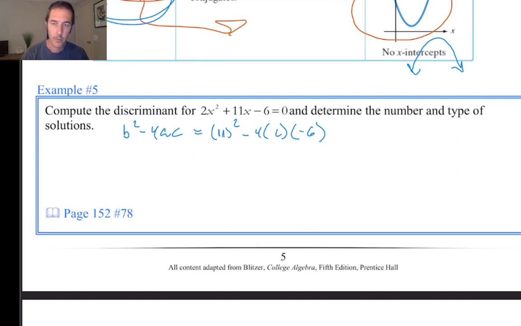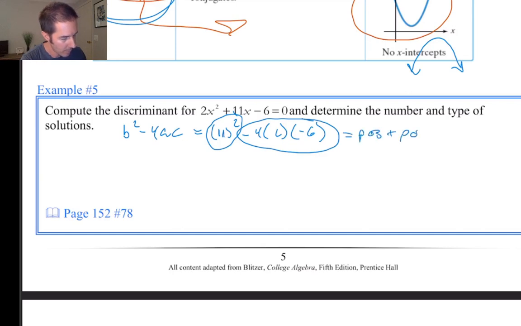I'm not going any further because I know that a negative times a negative is positive, and I'll be adding that positive to this squared number right here, which is definitely going to be positive. So this is equal to positive plus positive, which equals positive, which is greater than 0.